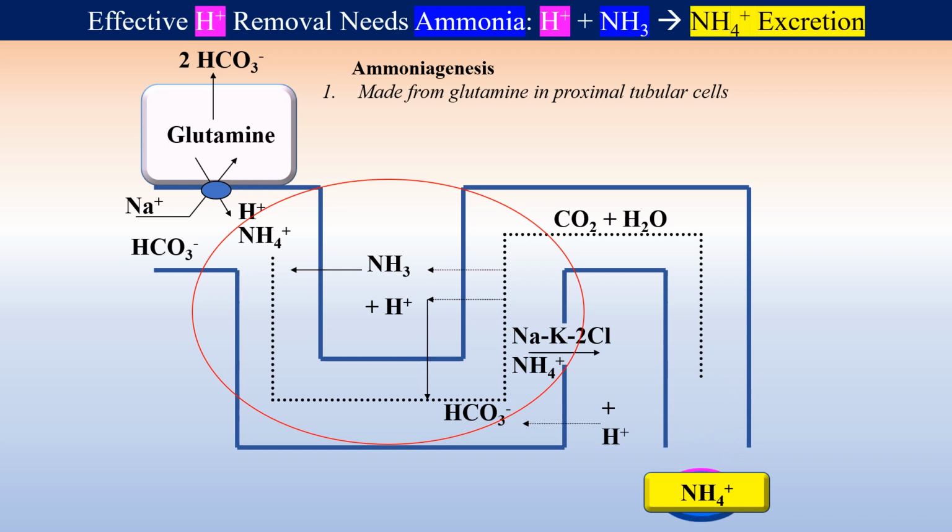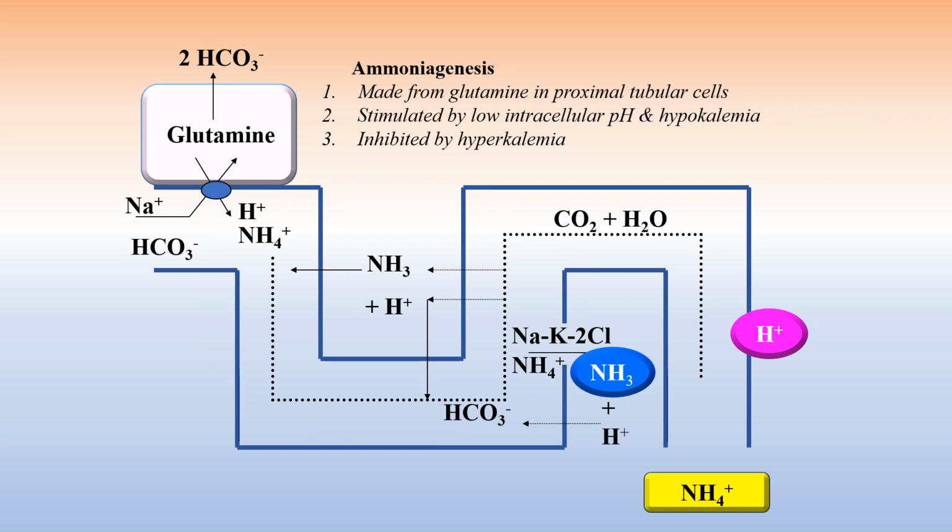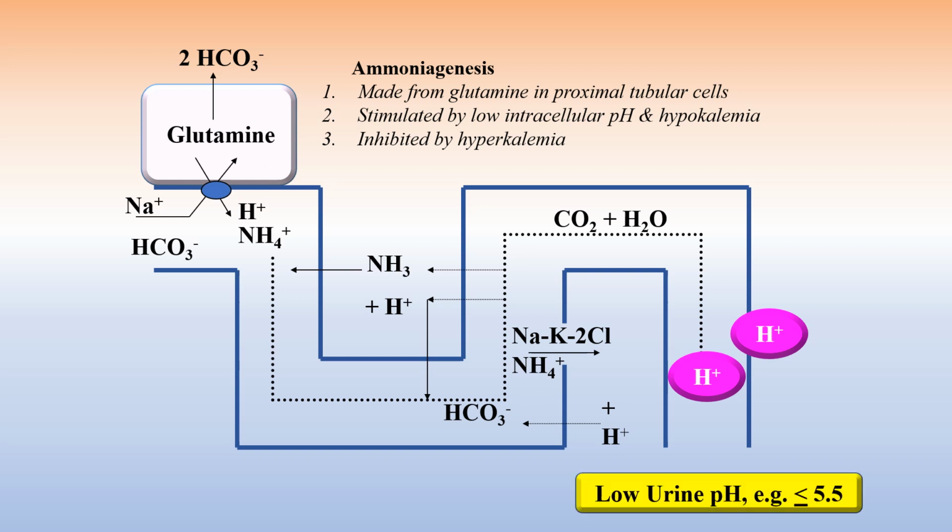Ammoniagenesis is stimulated by low intracellular pH and hypokalemia and inhibited by hyperkalemia. Without ammonia, the secreted hydrogen will accumulate in the lumen and result in an acidic urine and hindrance for further hydrogen secretion.